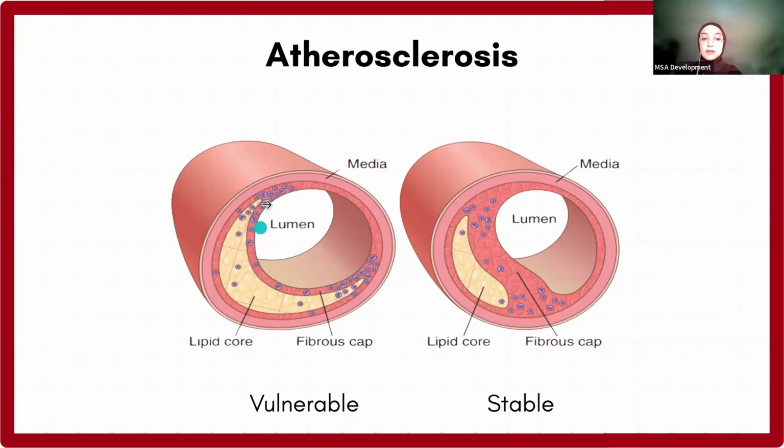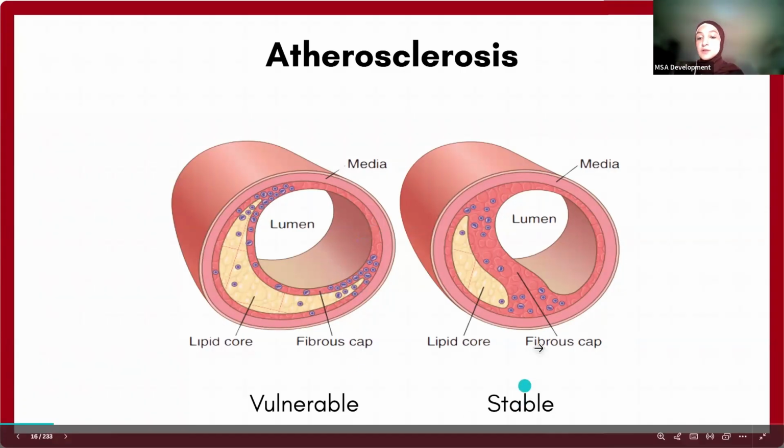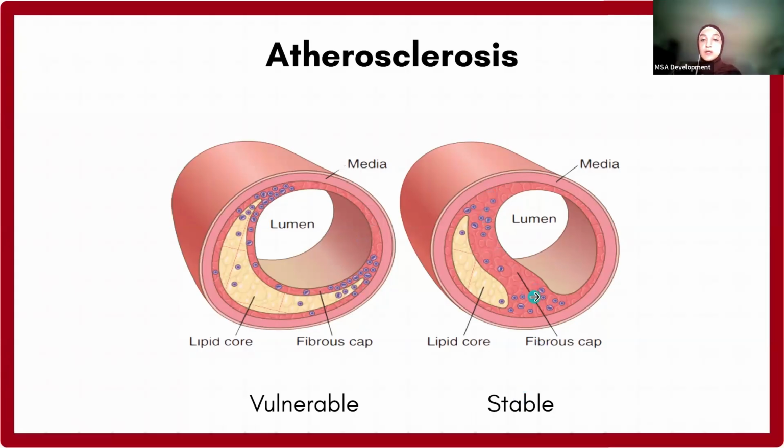This means that it's susceptible to rupturing at any time, okay? And if it ruptures, it can lead to many other things. If it's stable, however, that means that the fibrous cap, the smooth muscle layer, is thick enough for it not to have any susceptibility to rupture, which is good. So yeah.